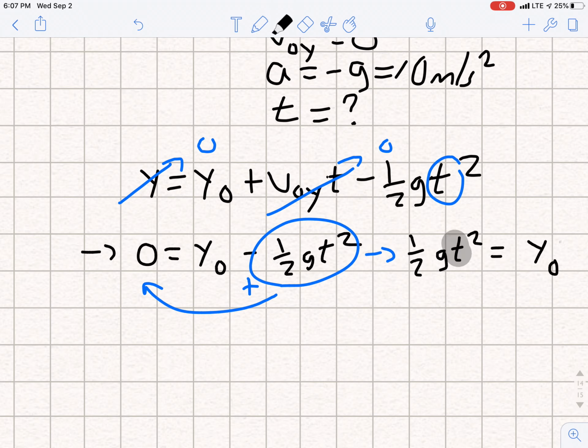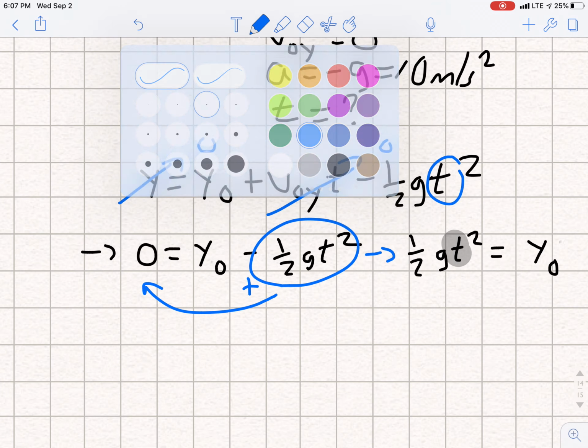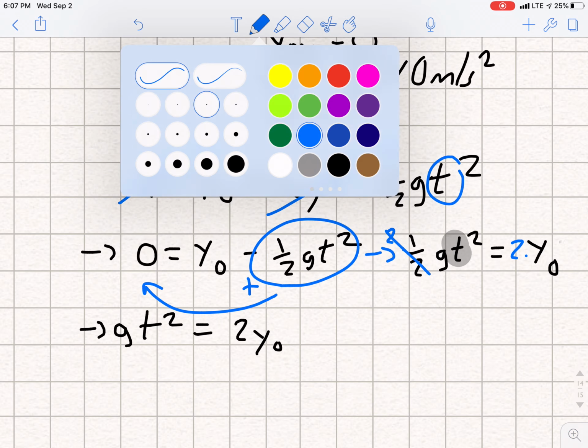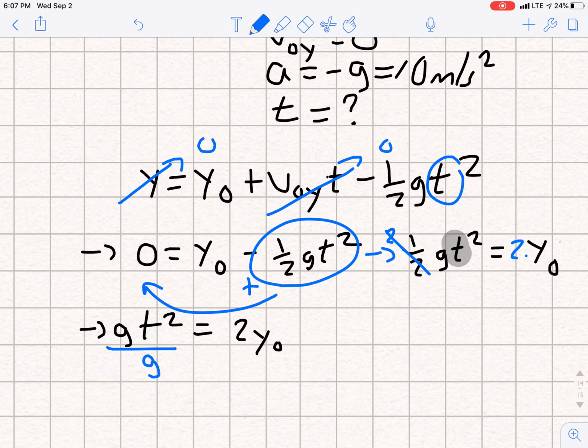Now, in order to solve for time, I need to multiply by 2, divide by g, and then square root.